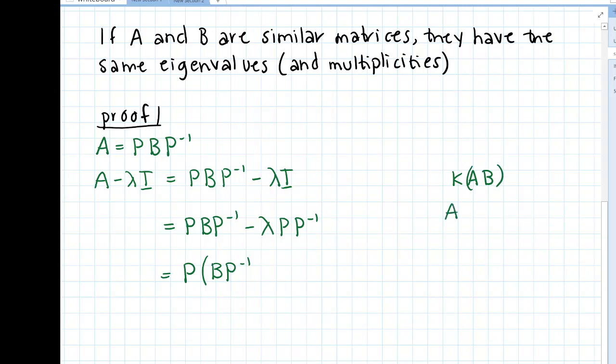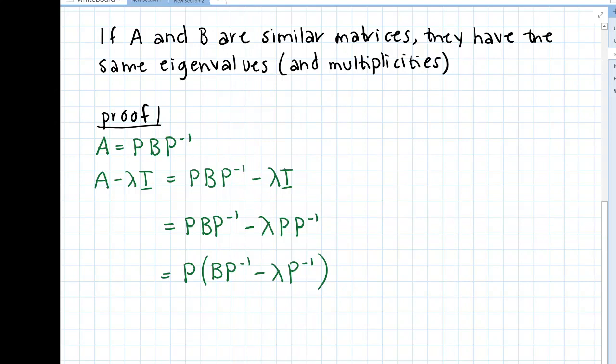You can do A times K times B, or you can do A times B and then multiply it by K. As long as you're just multiplying by a number, it doesn't matter what order you do that in, as long as the two matrices stay in the right order. So in this case, we are allowed to factor out this P and just be left with lambda times P inverse. Because lambda is a number, that part can be swapped around.